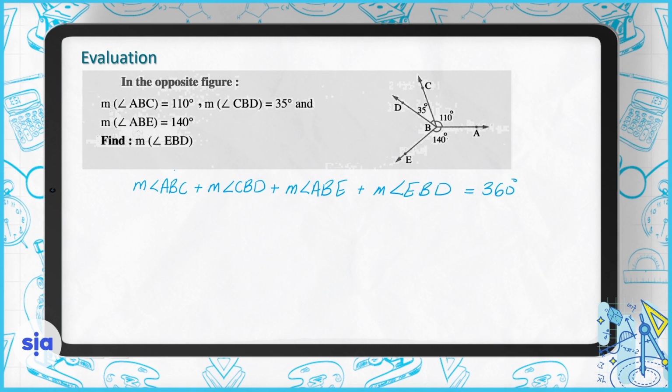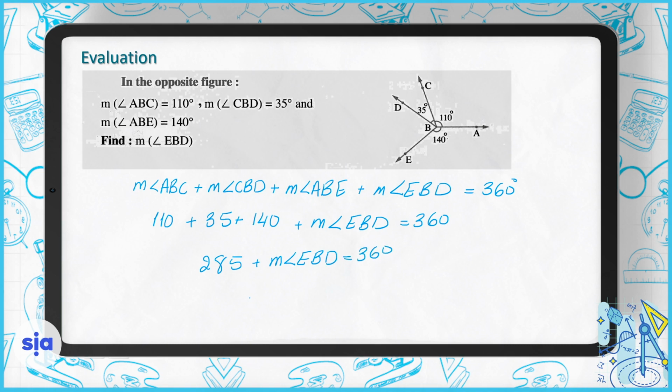If you substitute, it's 110 plus 35 plus 140 plus the measure of angle EBD, which the question wants me to find, equals 360 degrees. So 285 plus the measure of angle EBD is equal to 360.